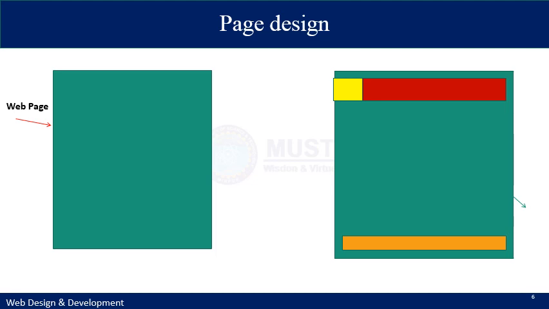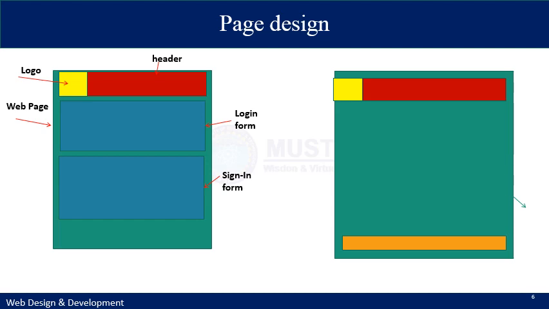So here is a typical layout design. For example, you can have a header at the top of your home page, with the logo on the leftmost side. Then you can create a login form and then a sign up form on the home page, and then it will be complemented with the footer.